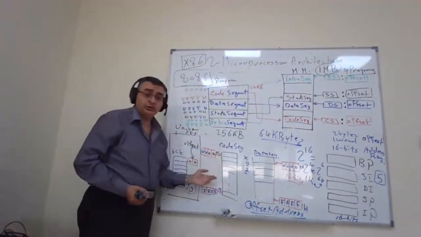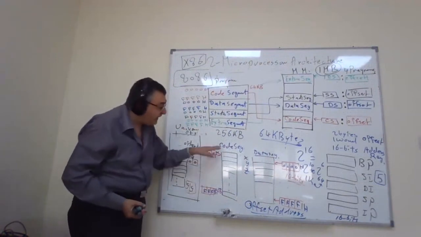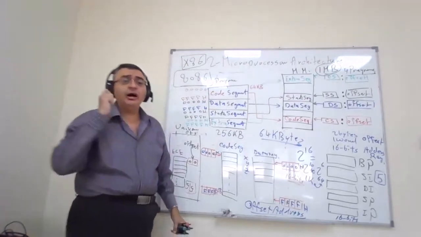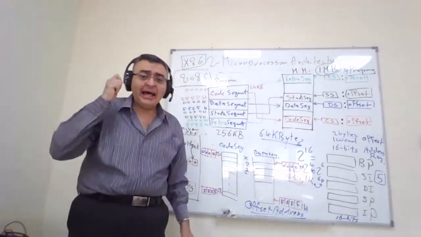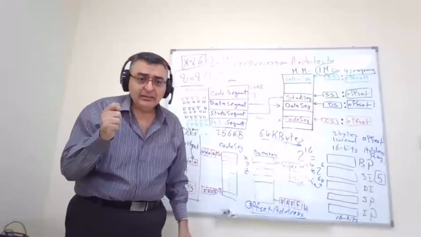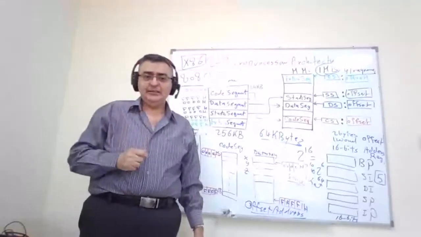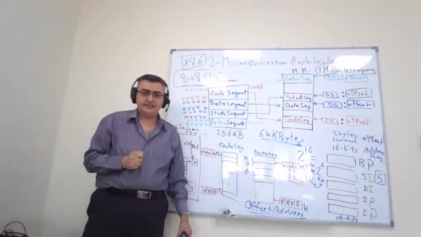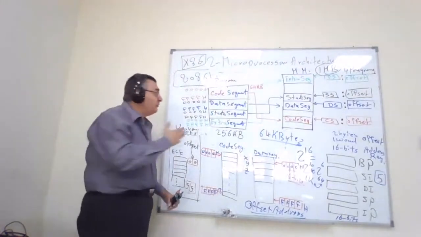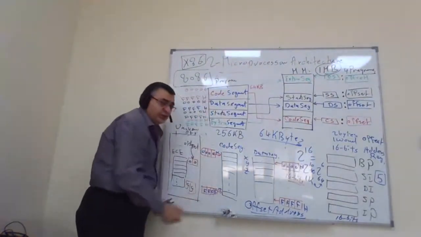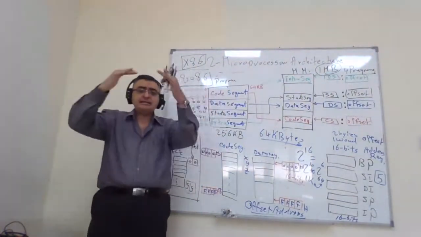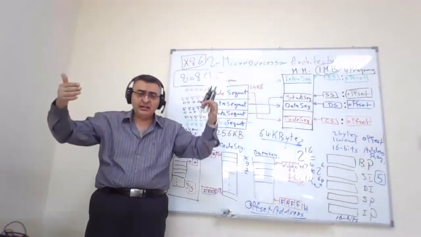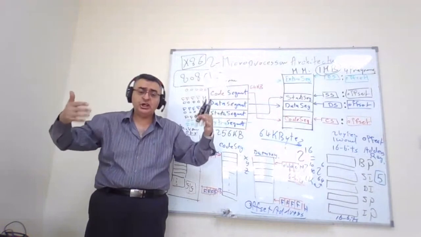The same thing for the code. You start laying out the code. Each instruction, while you are developing your code, has an offset address. Each of your instructions will have a starting address, and then the following instruction, then the following instruction.